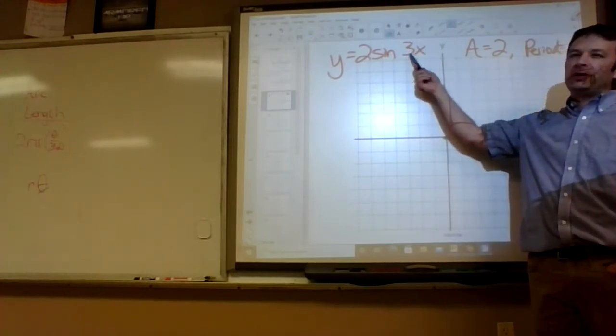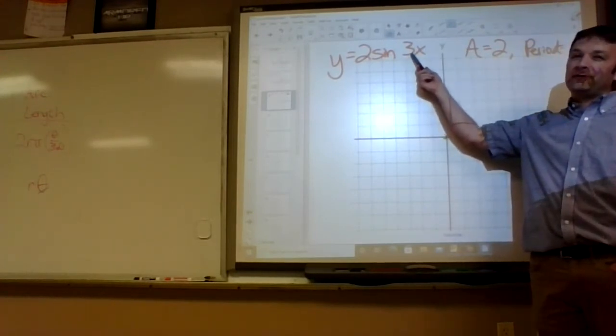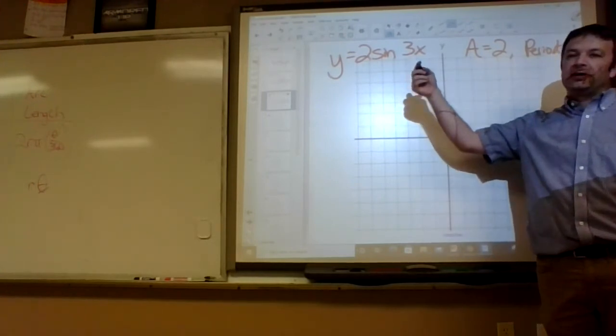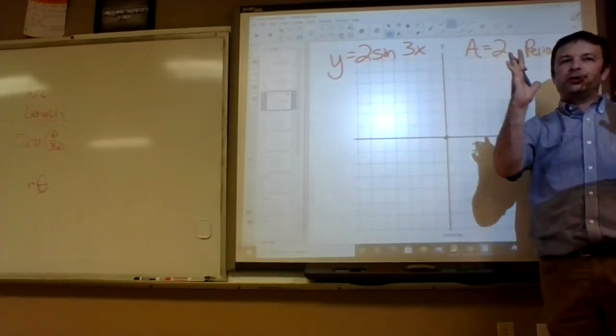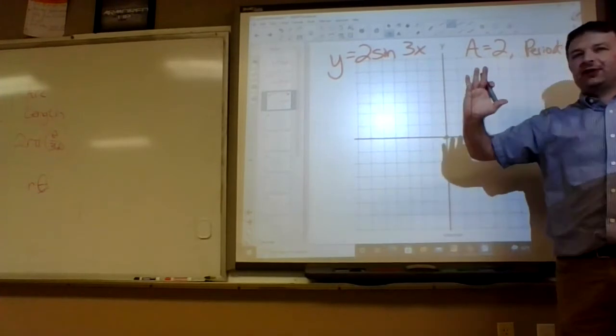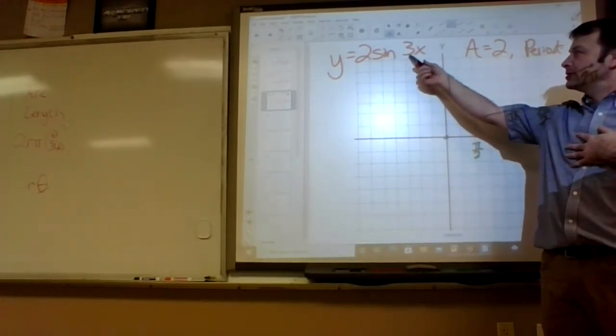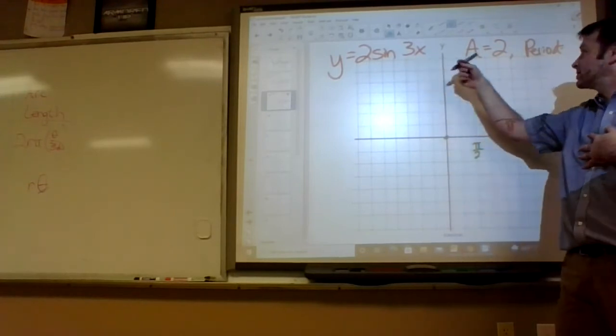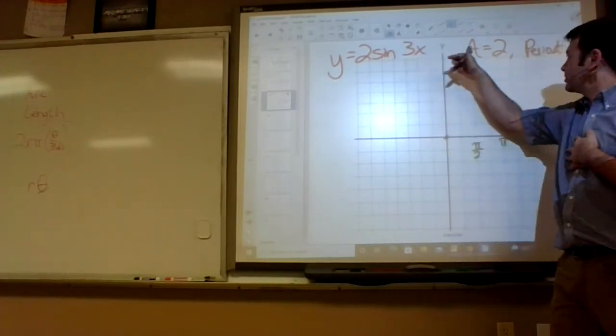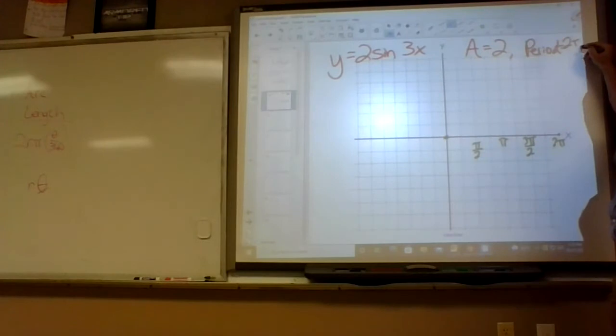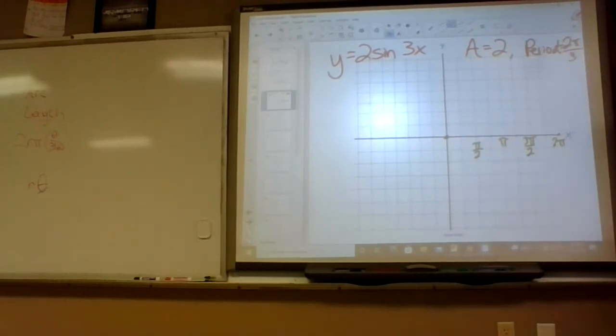But if you put a 3, everything's happening 3 times faster. So the period is going to shrink. Everything gets squished like this. So it's going to be a third of 2 pi. Does that make sense? So you just take this number and put 2 pi over 3.